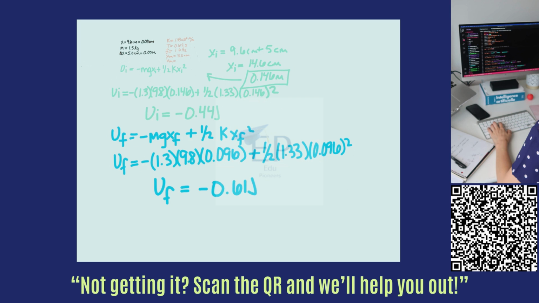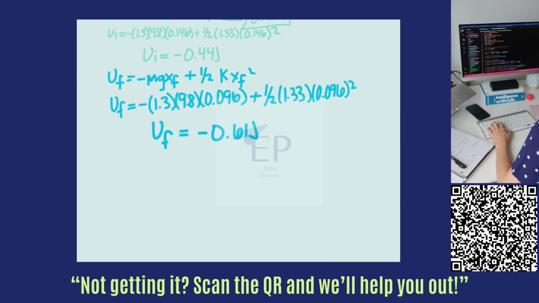Now energy is conserved, so however much energy there is, our initial potential energy must be equal to the final potential energy plus the kinetic energy. So our initial energy has to be equal to our final potential plus our kinetic, which is 1 half mv squared.